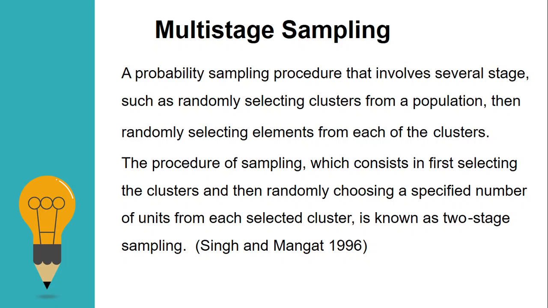A population list of all the school children in the country would be near impossible to find or to come by. So you cannot take a sample of the population directly.